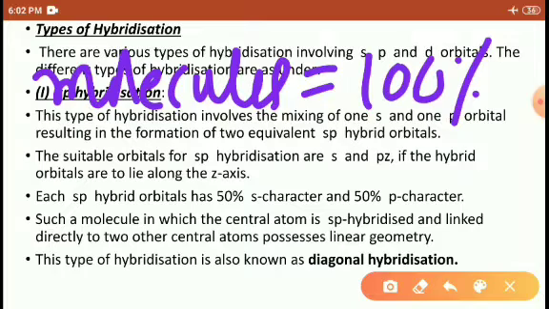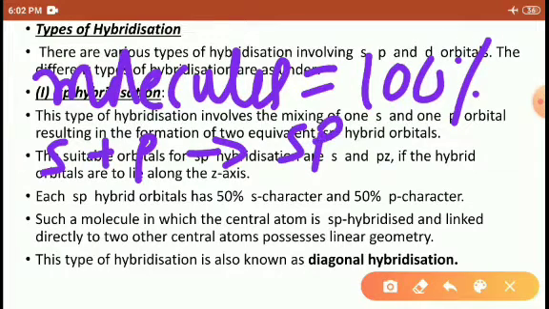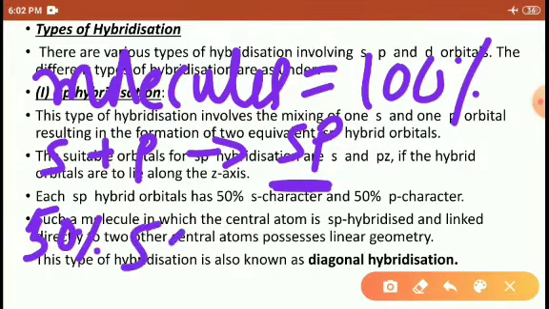For example, one s orbital and one p orbital combine to form sp hybridization. What is the sp hybridization energy? Since sp is a kind of molecule, we consider 50% of s and 50% of p combined to form 100% of sp hybridization.